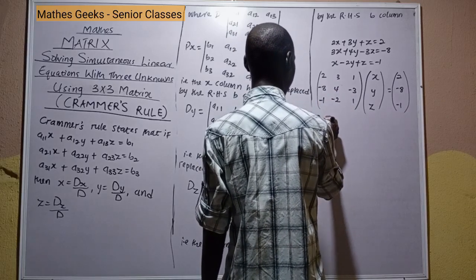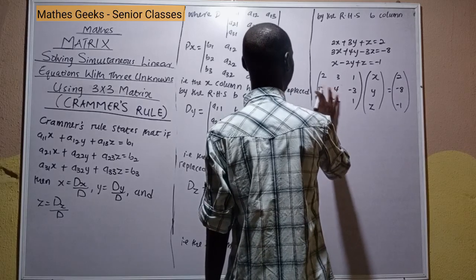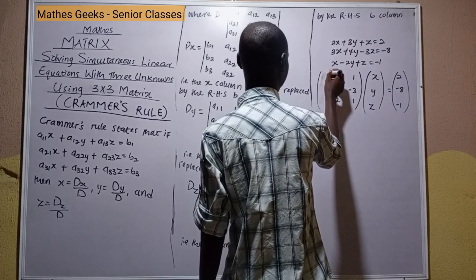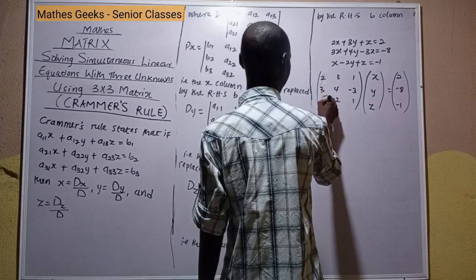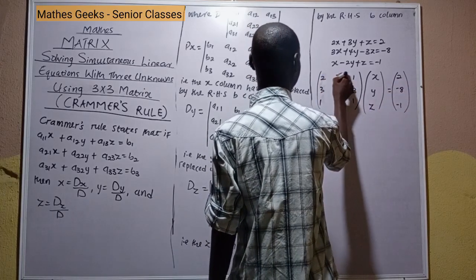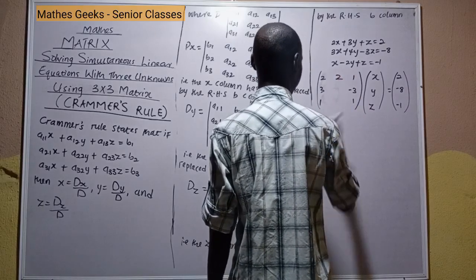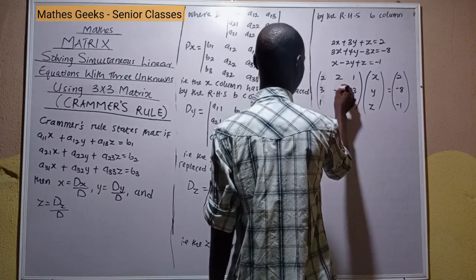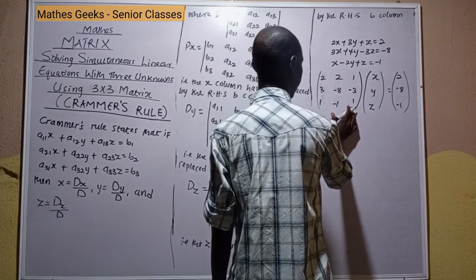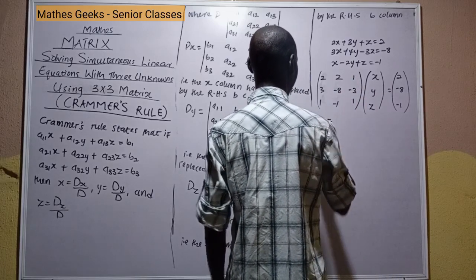To get y, we replace the y column only. From our original matrix, we replace the y column with the column on the right hand side of the equation, 2, minus 8, minus 1. Then we look for the determinant of this matrix and get the value for y.